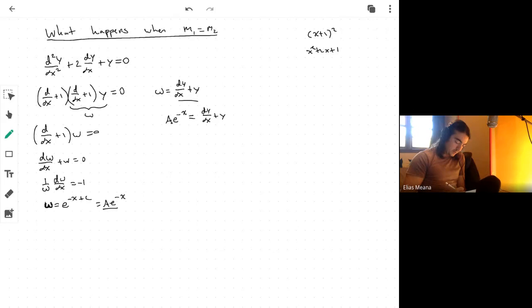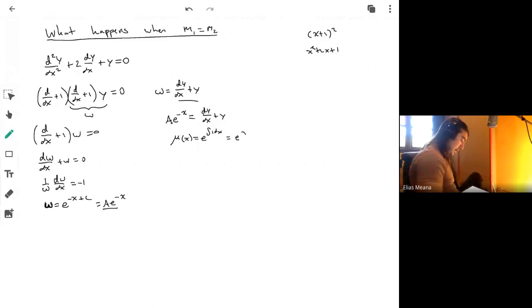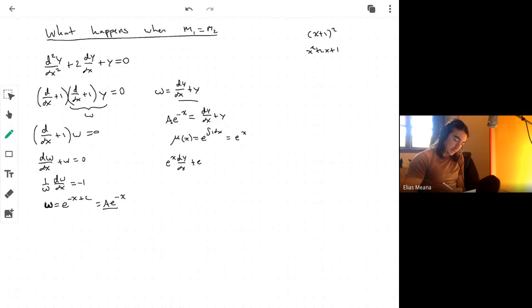So our mu is just e to the power of the integral of the thing that comes in front of y, which in this case is just 1. So our mu is just e to the x. Okay. Nice. So if we multiply the entire thing by e to the x, what do we get? Well, we get on the left, I'm going to reverse the side, e to the x dy dx plus e to the x y.